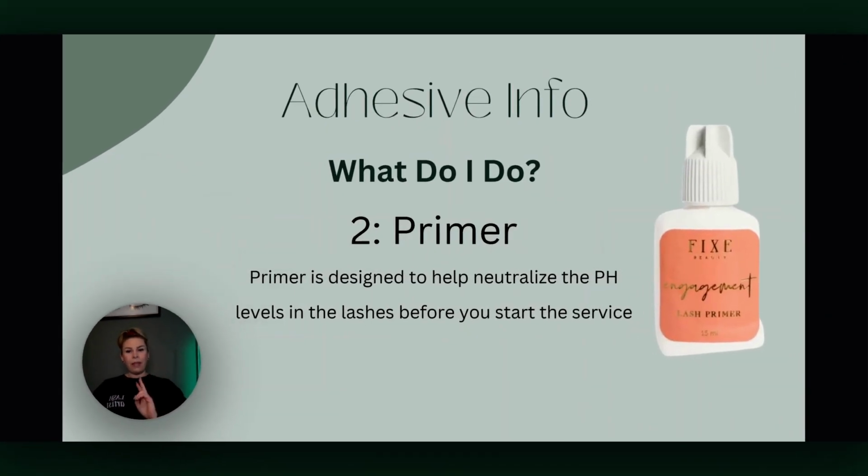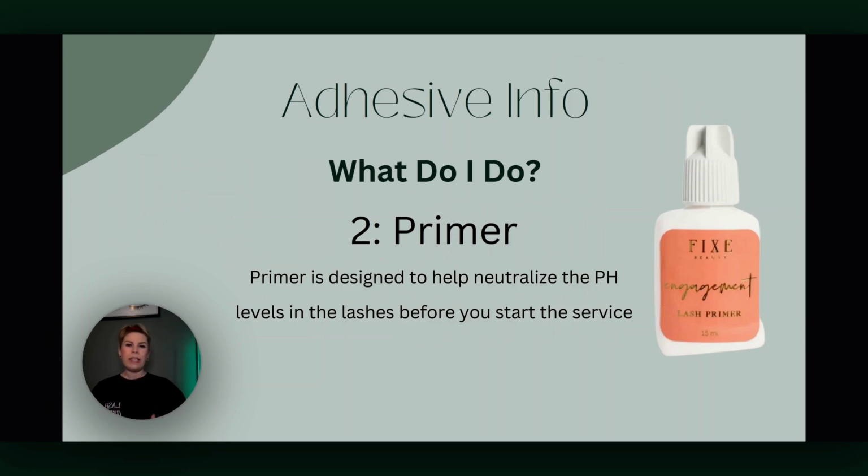And number two thing is you can use primer. Primer is designed to help neutralize those pH levels on the lashes before you start the service. However, lash primer, I believe, is something for an advanced lash artist to be using. The reason being is because there's certain clients that you cannot apply primer to. It's not going to be to their benefit or your benefit.